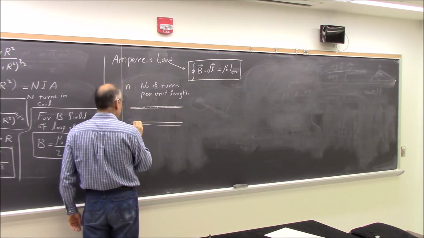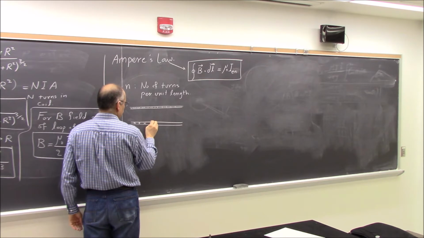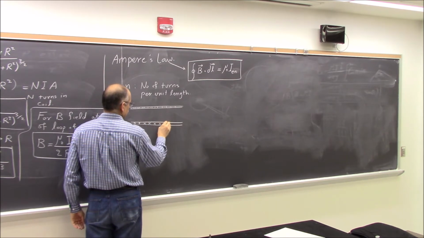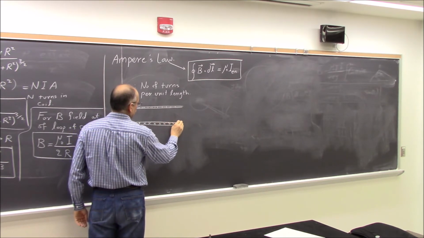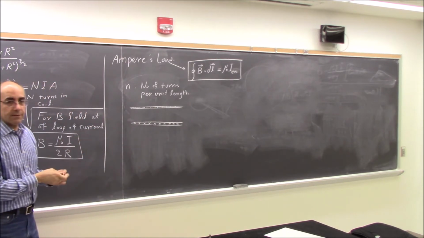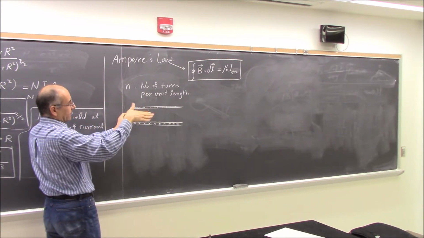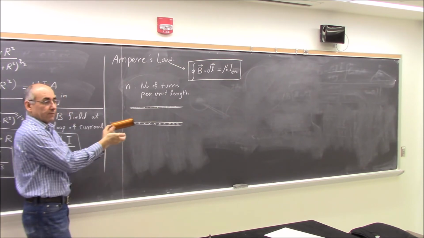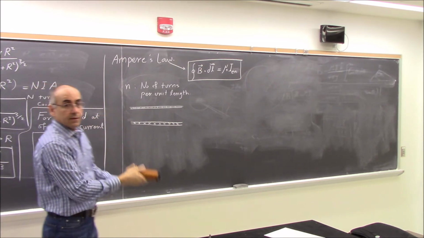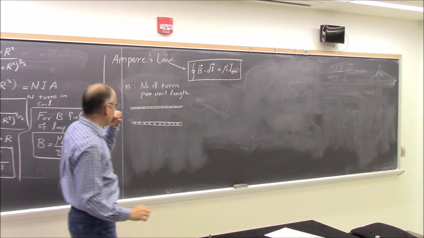And the current is going in on the lower part of this. So, can you see? Imagine that. The solenoid is like this. The current is coming out this way, going in this way. And we're looking at the cross-section of the circle. Alright.